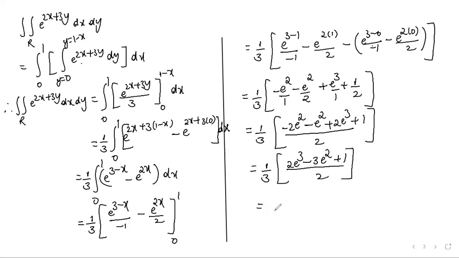Finally we get 1/6 into (2e^3 minus 3e^2 plus 1). Hence solved.